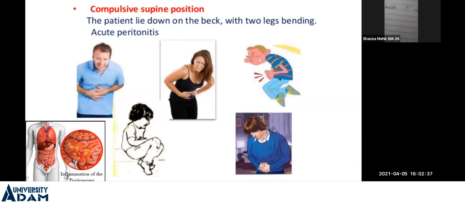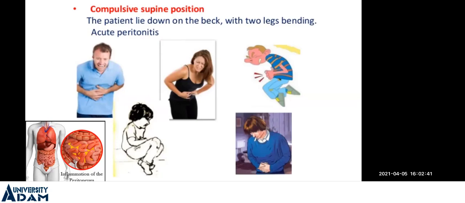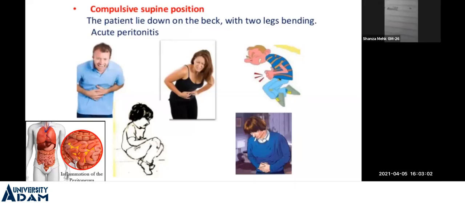I need a name. Guys, you should learn by heart all the medical terminology. You understand by your own words, okay, I see, but never forget to learn the medical terminology.